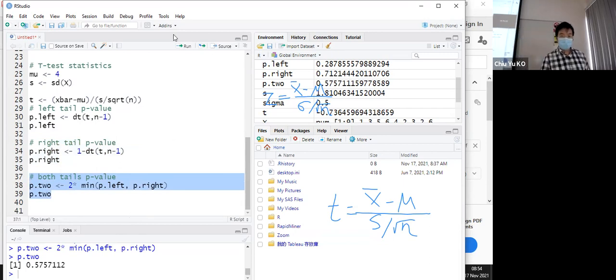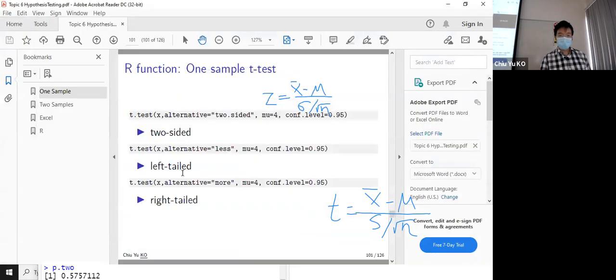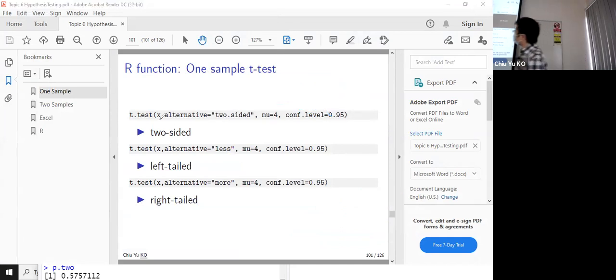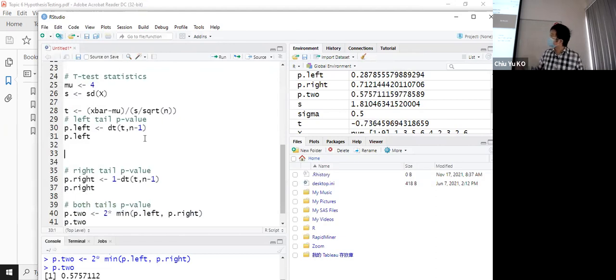And of course, as I showed in the notes, you don't have to do that, right? Because there's something called t-test. You don't need to build up your thing, so alternatively, instead of doing this, you can do t.test. Okay, x.